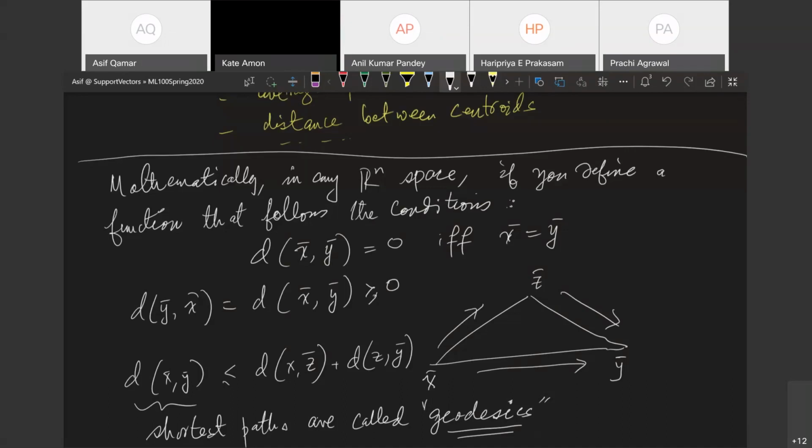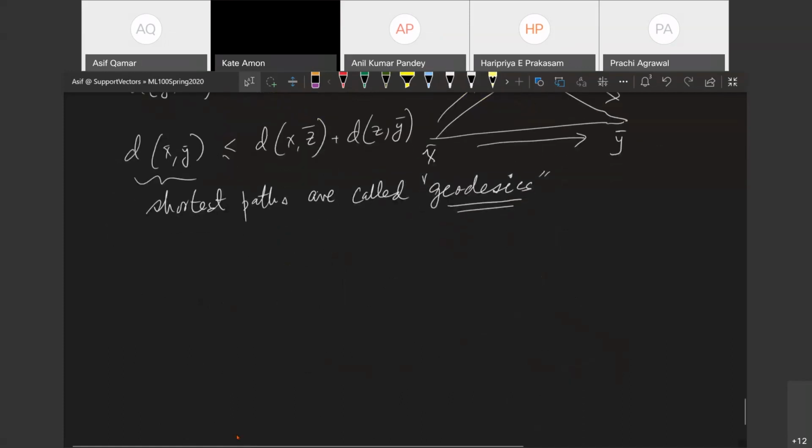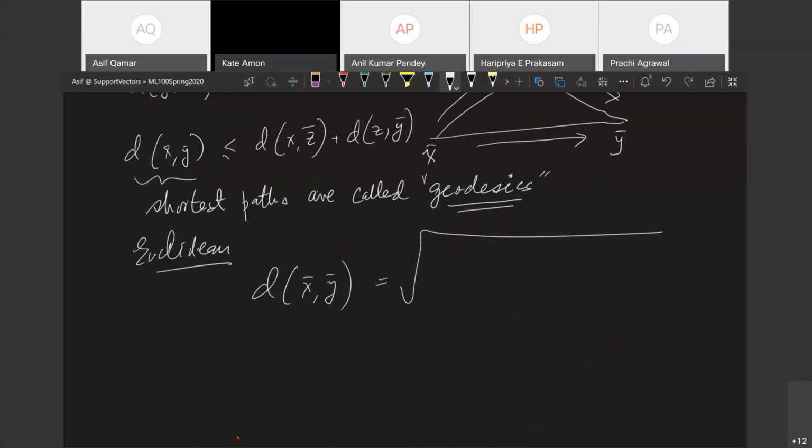Are we together, guys? The most common distances that you can think of are Euclidean distances, of course. What is the Euclidean distance between x and y? It is equal to the square root of (x1 minus y1) squared plus (x2 minus y2) squared plus, go on, suppose you are dealing with n-dimensional space or three-dimensional, whatever it is, (xn minus yn) squared.